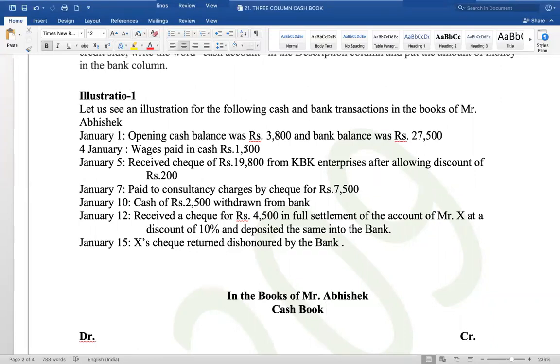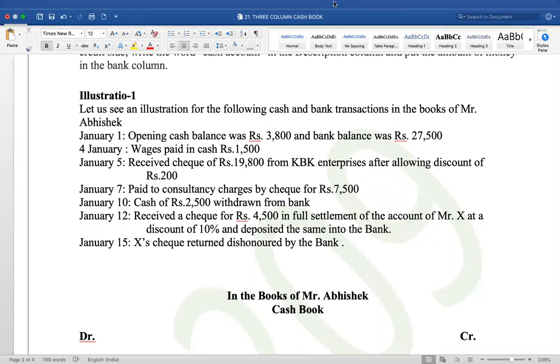What shall we do with this wages paid, Pavanji? Yes, sir. What shall we do with this wages paid? Quickly, we don't have time.